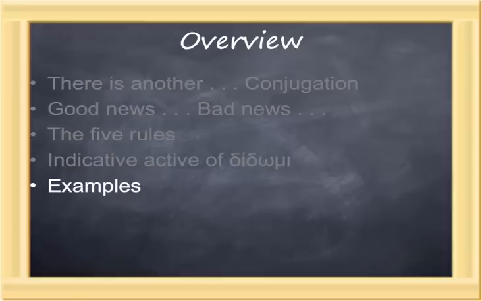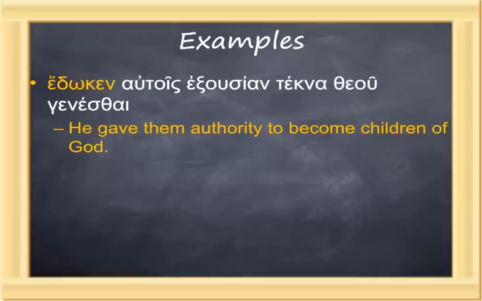Let's end with a couple of sentences from the Gospel of John that illustrate various forms of didomi. The first sentence: Edoken autois exousian tekna theou genesthai. He gave, aorist form, notice augment plus do, not did.